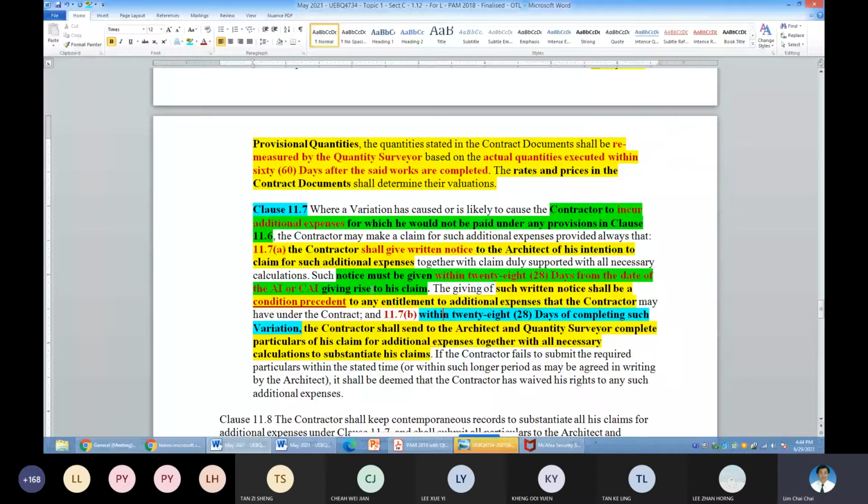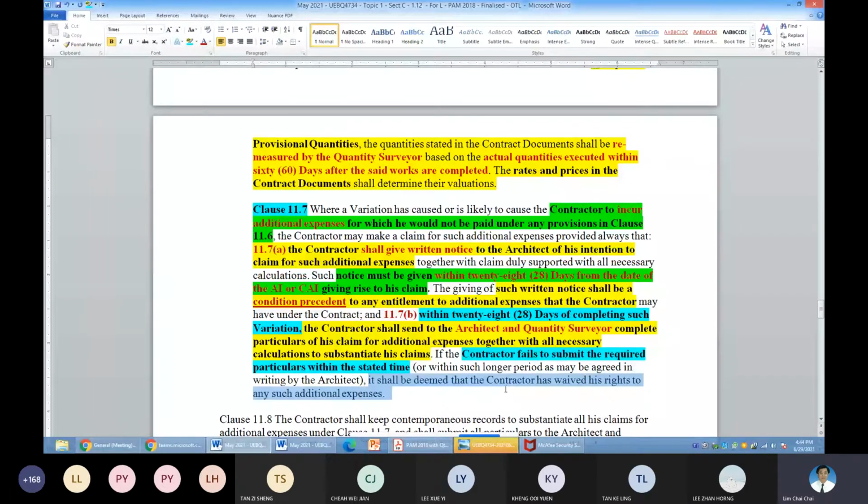If you don't do that, chances are you don't blame the architect for not paying you. Okay? So, contractor failed to submit the required particulars within the stated time. Here is a warning already. It shall deem that the contractor has waived his right to such additional payment.